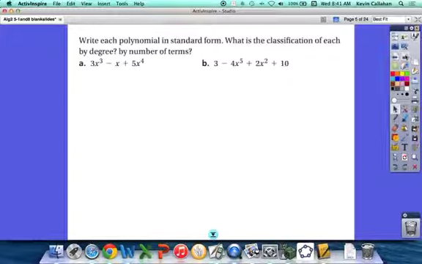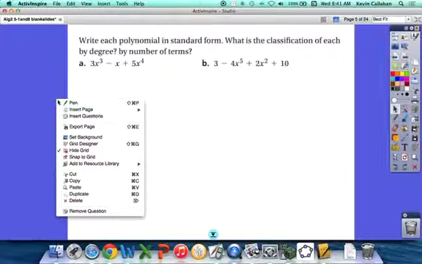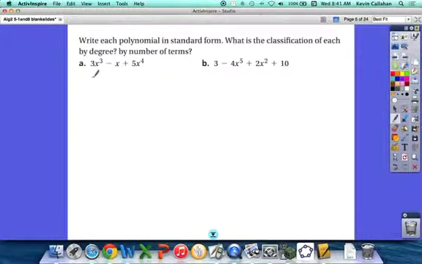How is this one rewritten in standard form? Say again? Right, the first term is positive 5x to the fourth. Oops, that's wrong. 5x to the fourth plus 3x to the third minus x.